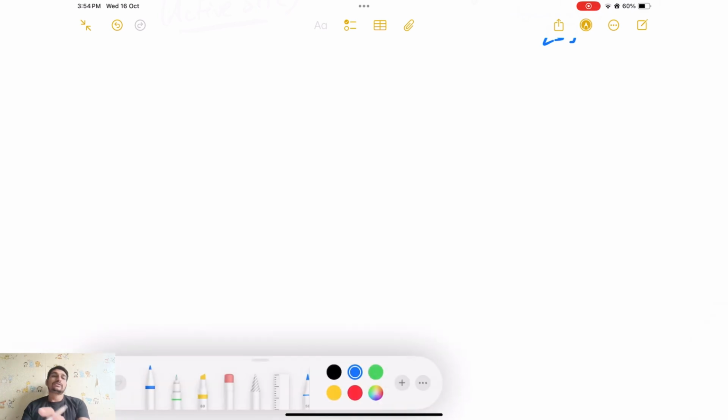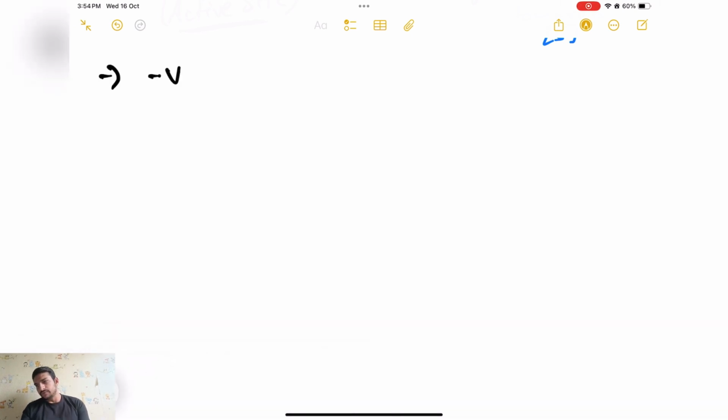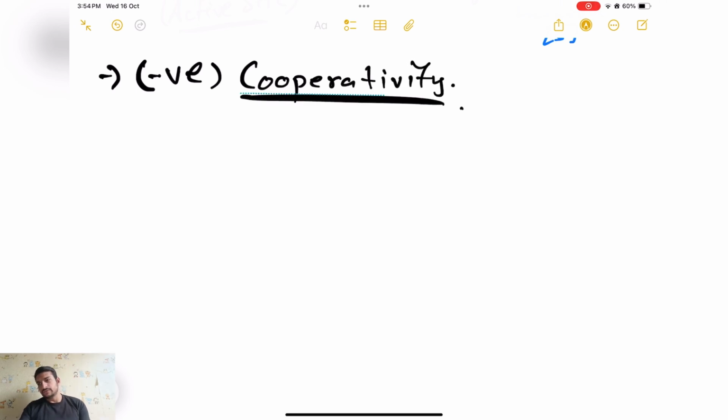Now we will see the negative affinity and its graph. First of all, negative affinity, or we can say negative cooperativity. What do we understand by negative cooperativity? Let's take another example of an enzyme with four subunits. The enzyme has four same subunits.